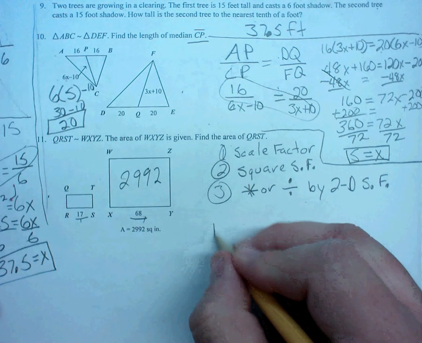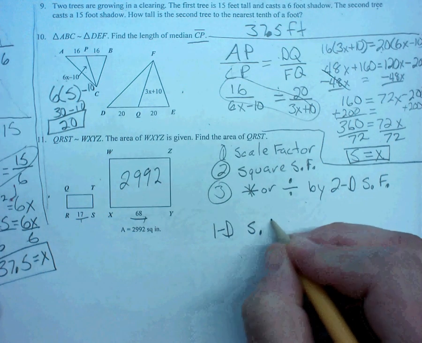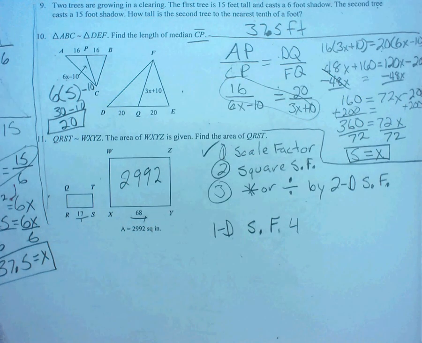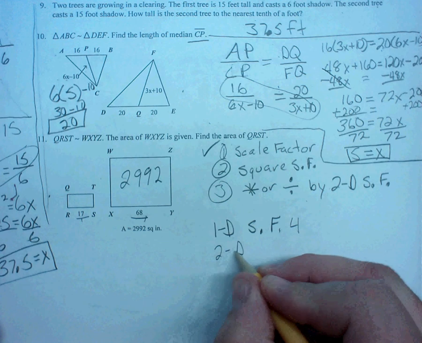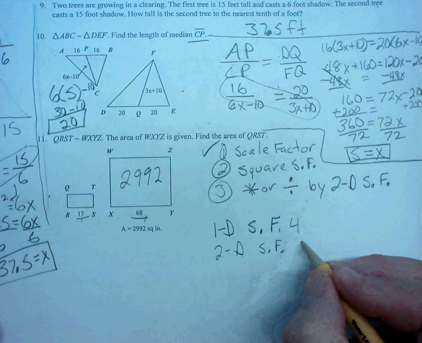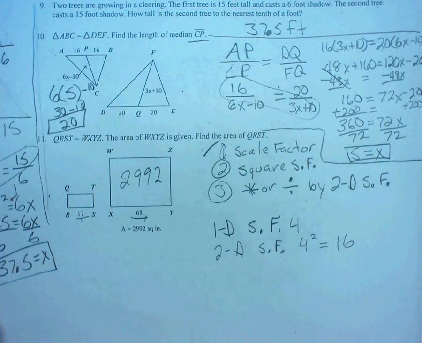So my first or one-dimensional scale factor is 4. What's the next step? Square that scale factor. So my area scale factor then is going to be 4 squared, which is 16.